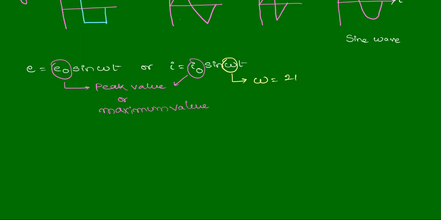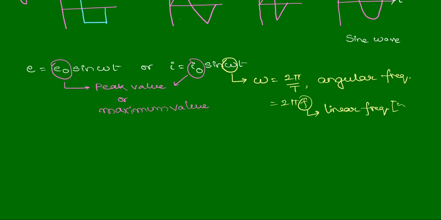Omega is equal to 2 pi by T, where T is the time taken to complete the oscillation, the time period. And omega we can write like this also: 2 pi f, where f is known as linear frequency.